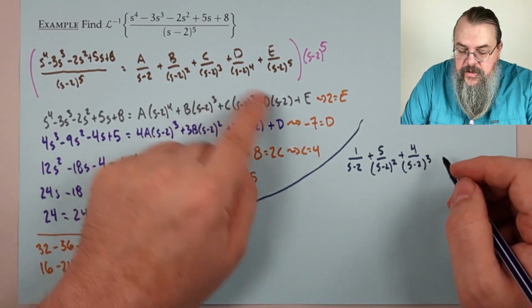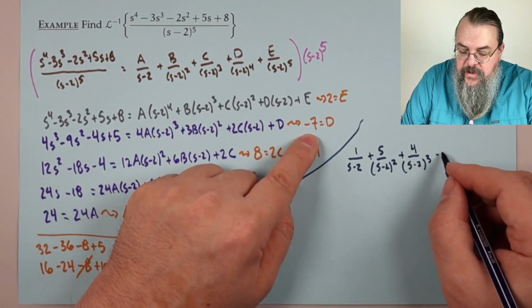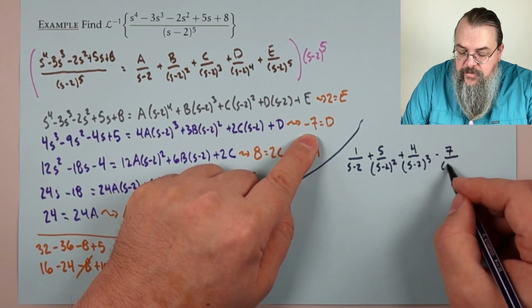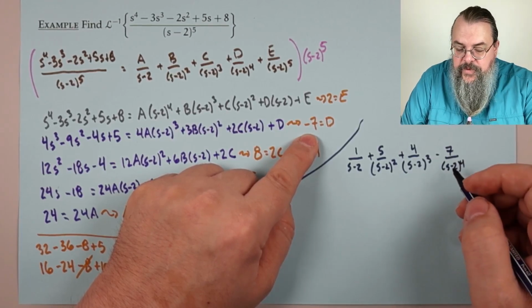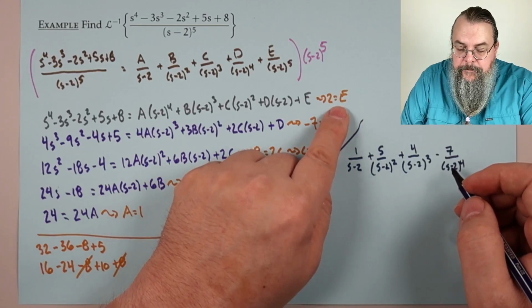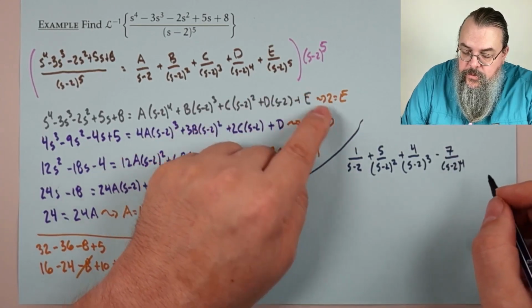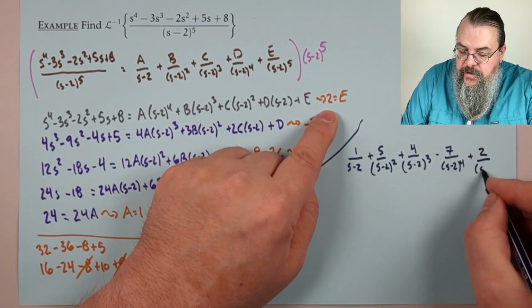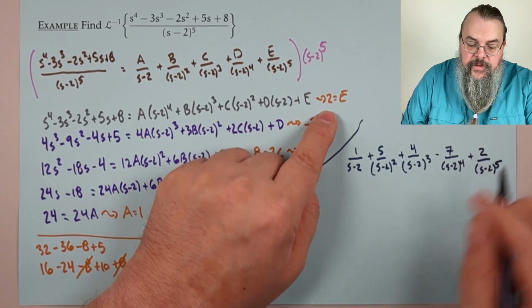Then here, d is minus 7, so minus 7 over (s minus 2) to the 4th. And then e is 2, so we have a plus 2 over (s minus 2) to the 5th.